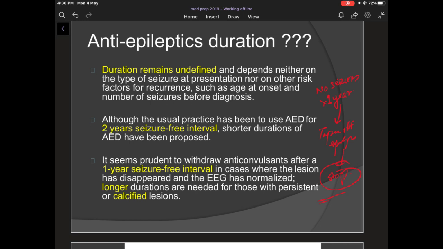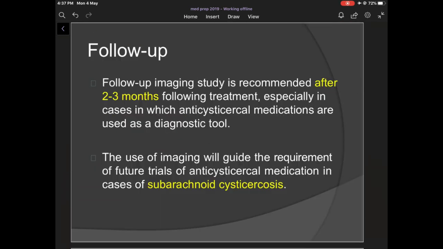The thing to remember is that longer durations of antiepileptic treatment are needed for those patients who have persistent or calcified lesions.